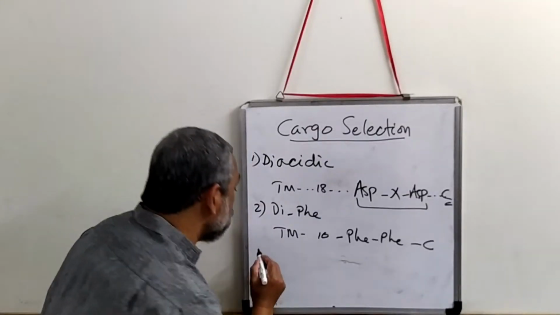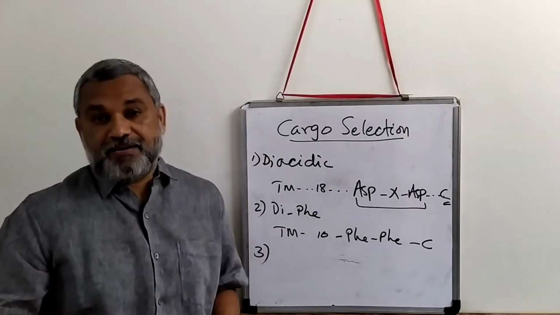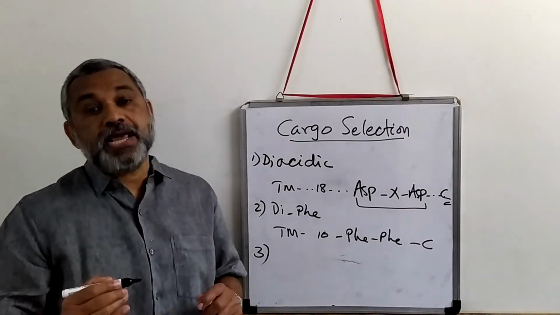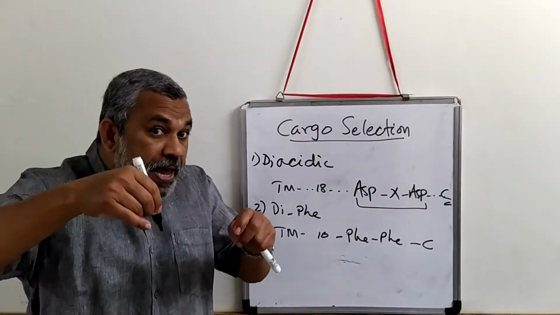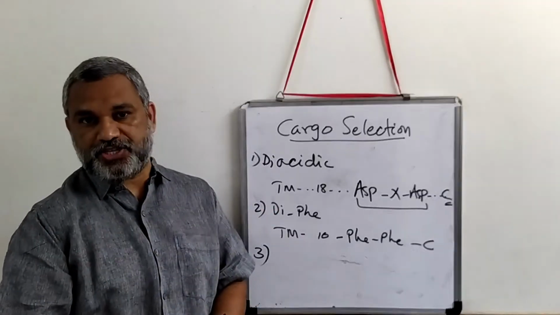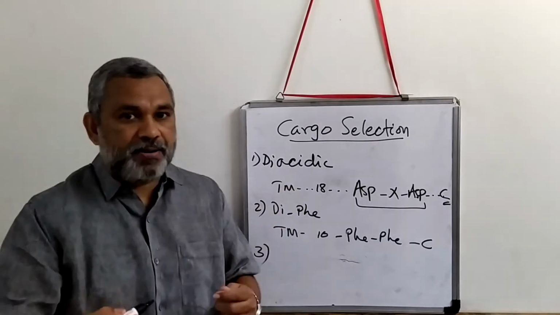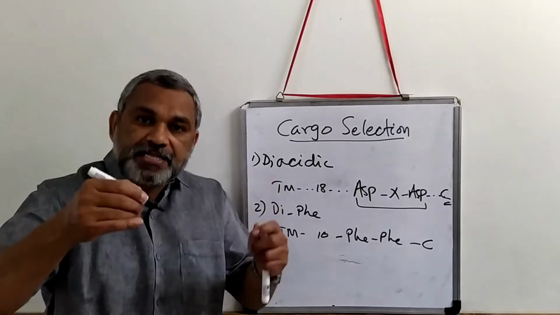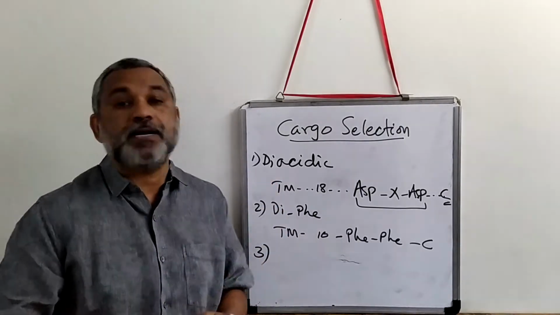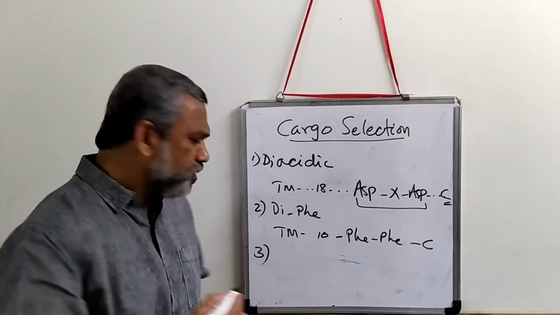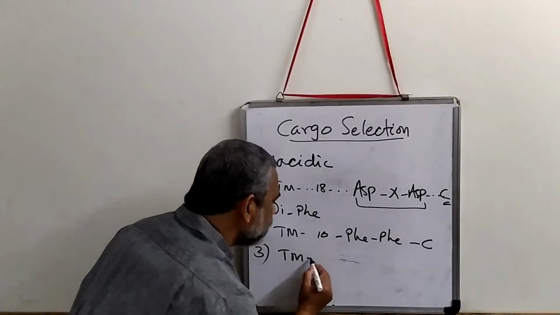A third kind of signal is found especially in proteins that have to be embedded in the transmembrane region, and that is type 1. Type 1, you know that the N terminus of the protein will be in the lumen. So such proteins will have a kind of signal.